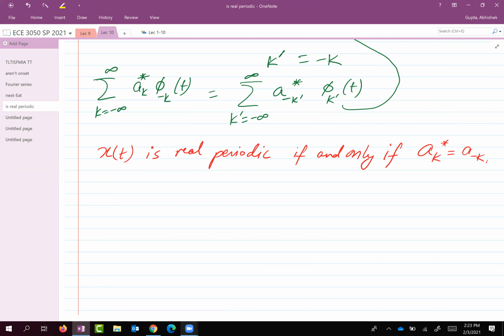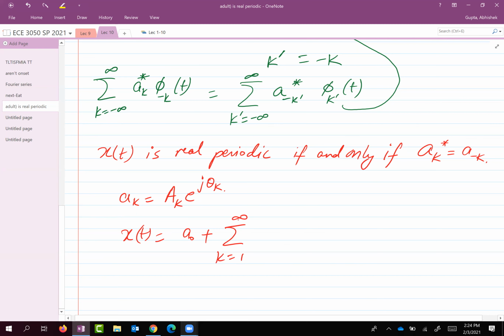In fact, if you continue with this calculation, you can show that if a k is given by capital A k e raised to j theta k, so that's a complex number, where capital A k is the magnitude of a k and theta k is the angle of a k, then I can write x of t as a0 plus summation k equals 1 to infinity 2 A k cos(k omega naught t plus theta k).